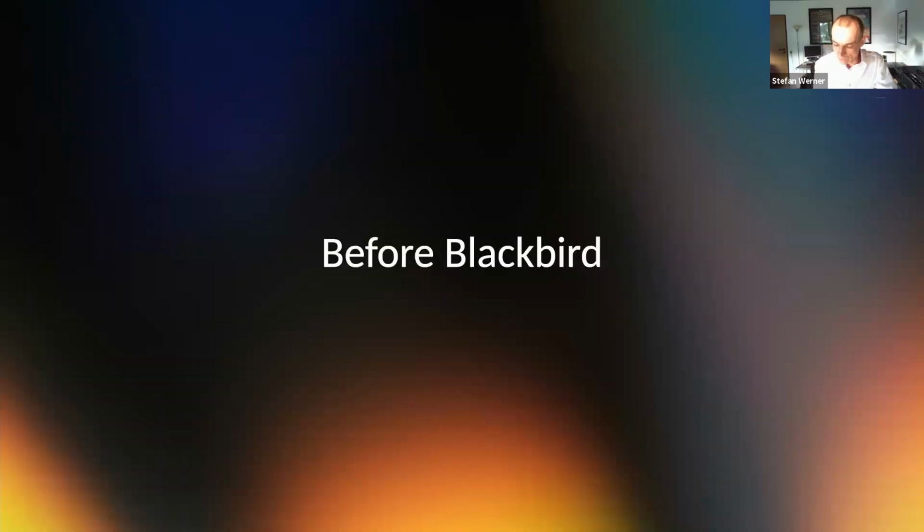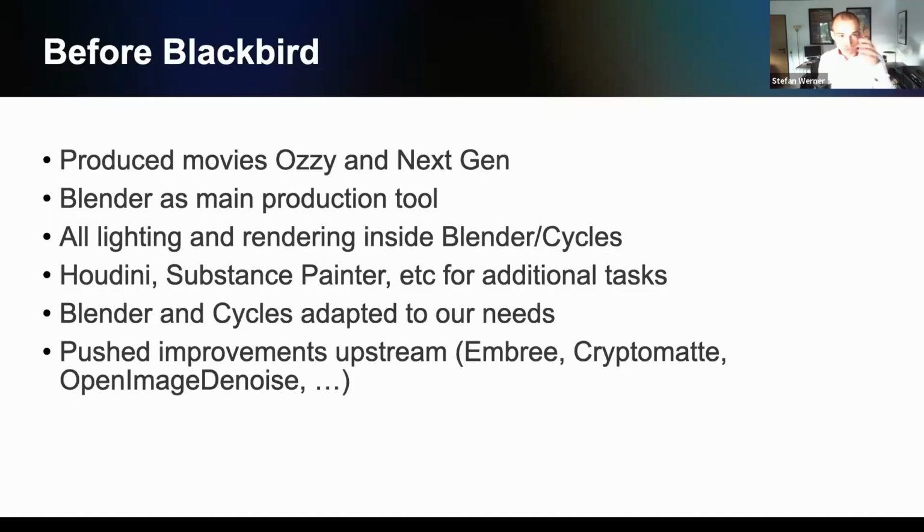Now going back a bit in history, before Blackbird: how we were using the Cycles render, what we were doing with it, and what led to the development of Blackbird. So before, we produced two movies, feature films called Ozzie and Next Gen. Next Gen is released pretty much internationally on Netflix. If you haven't seen it, I recommend watching it.